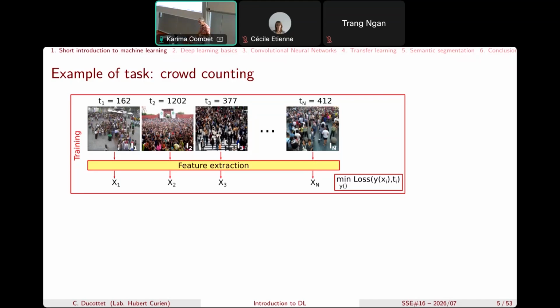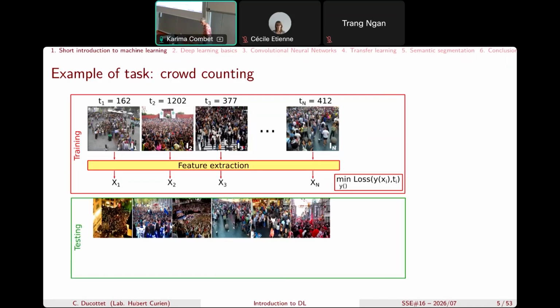So what we want to do, we want to learn a function y, which could predict from the input feature here, x, something which is close to the target label. Okay, so this is a regression problem because we have an input x and we want to predict a value which is close to t.